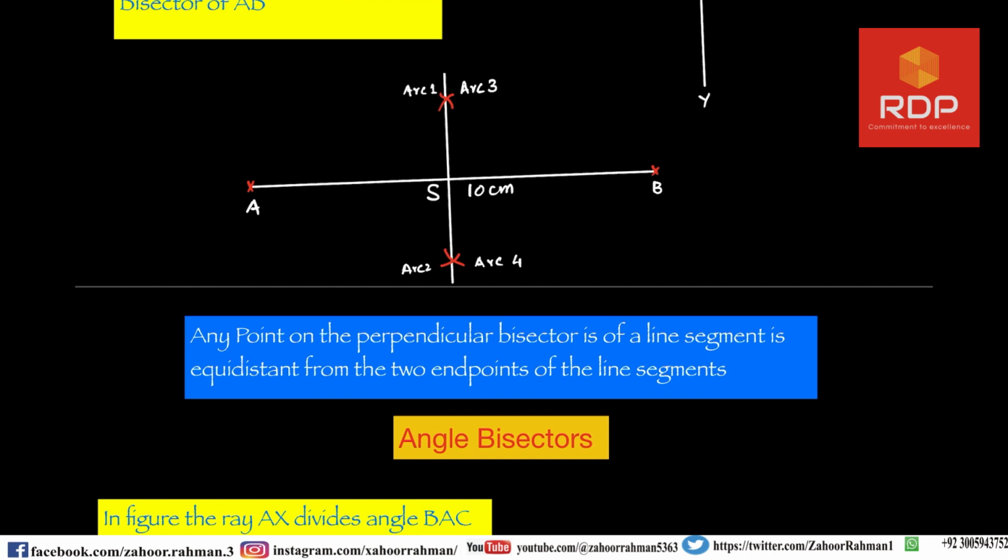Then we have to put the tip of the compass at this small cross, and with the help of the pencil we have to draw this arc number 1, which is in this shape, and then we will come down and draw this arc number 2.